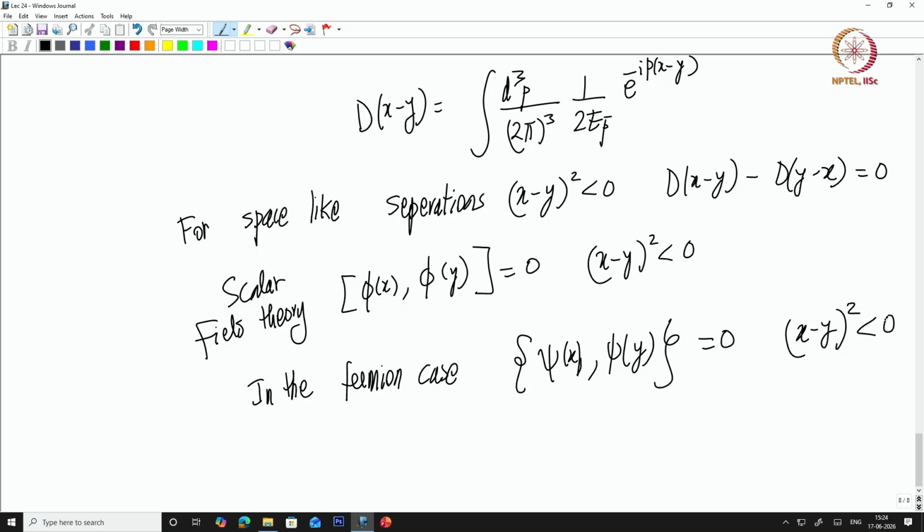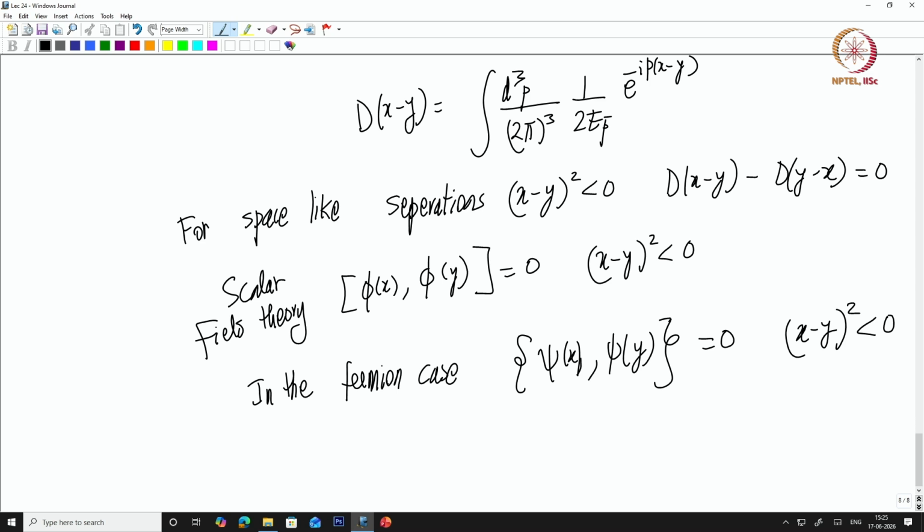So for space-like separations, the commutator doesn't vanish; it's the anti-commutator which vanishes. Now, you may ask why the commutator is not vanishing.